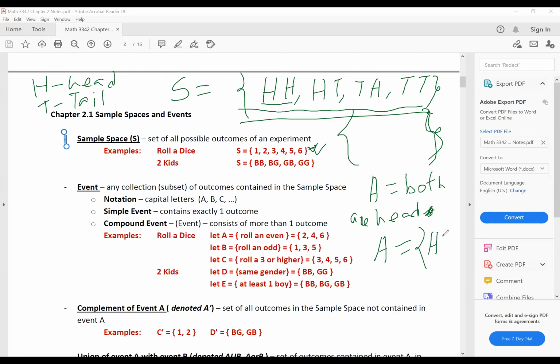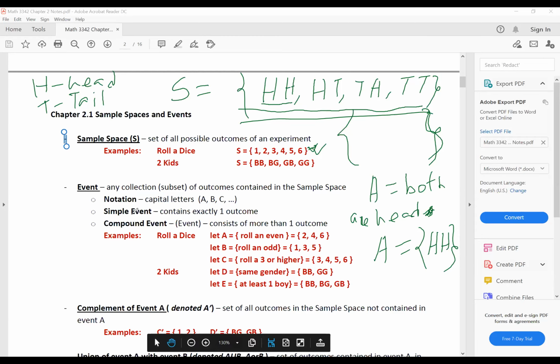Just one, right? HH. So this is actually a subset or collection of outcomes from the sample space, right? Because we collected one outcome from the sample space, and this is also called a subset of the sample space. So if you take any subset of the sample space, it will be called an event, and the sample space itself is an event.